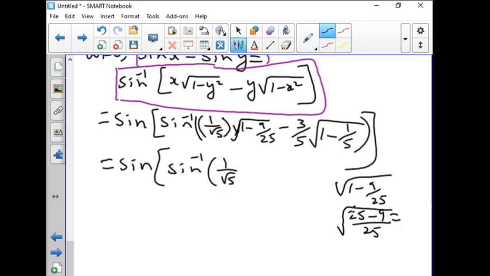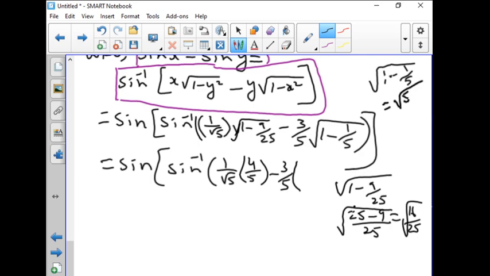So what do you get? Root of 16 by 25. So root 16 is 4, so 4 by 5, minus similarly 3 by 5 into, here also take LCM. Root of 1 minus 1 by 5 is equal to root of 5 minus 1 by 5, which is equal to root of 4 by 5.